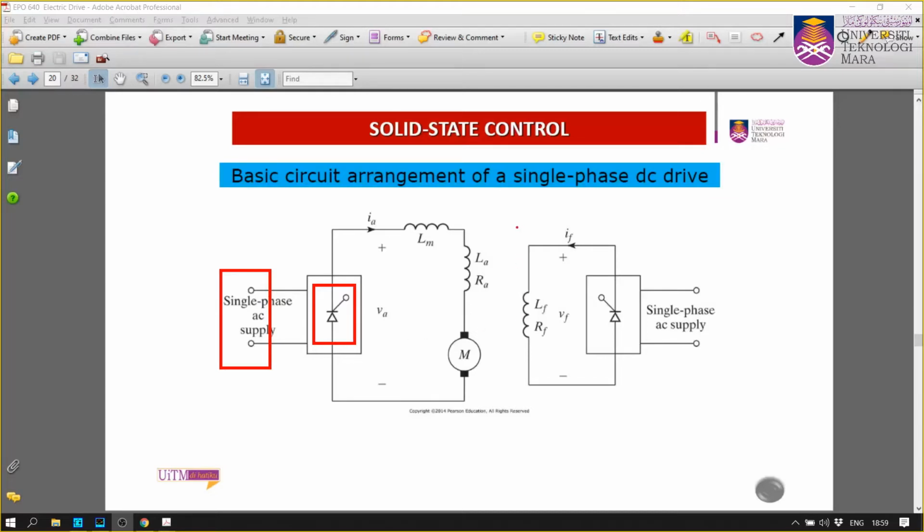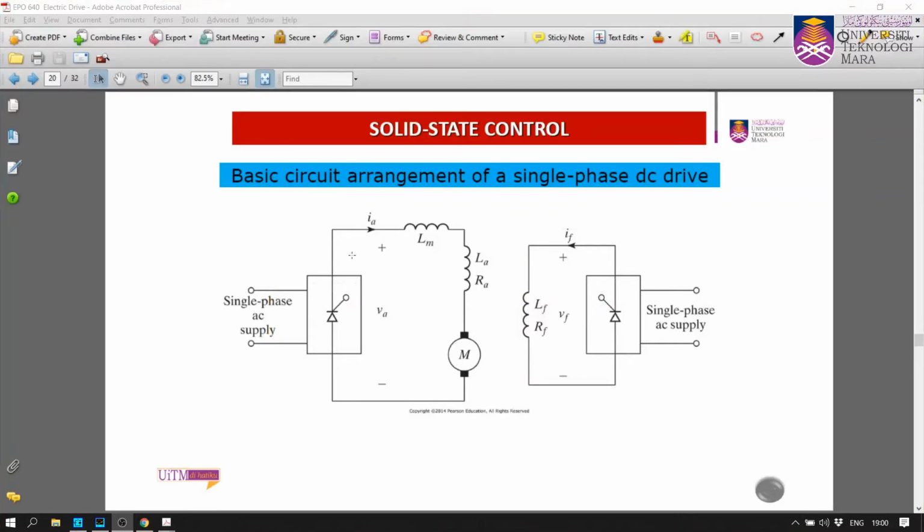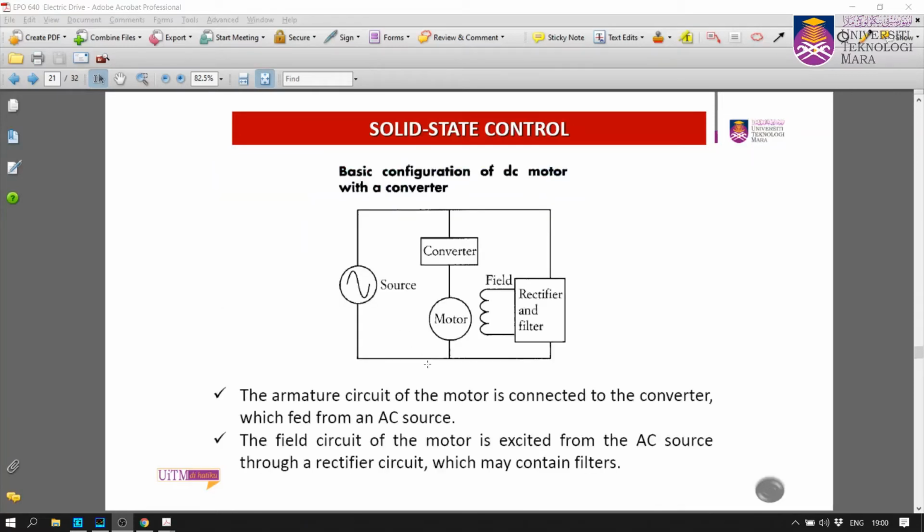And on the field winding, we can have a similar circuit, or you can have a diode bridge for the field winding if you don't want to vary the voltage for the field winding. But if you want to vary it, then you might have two controlled rectifiers, for the field winding as well as the armature winding.